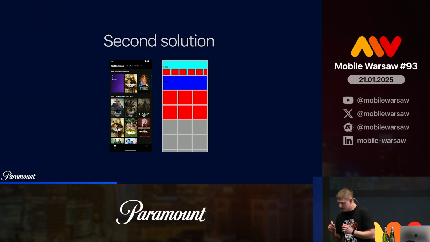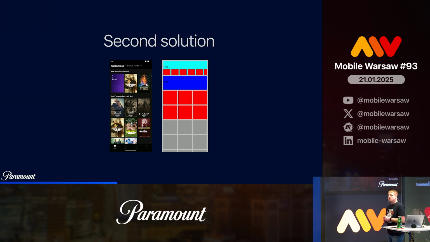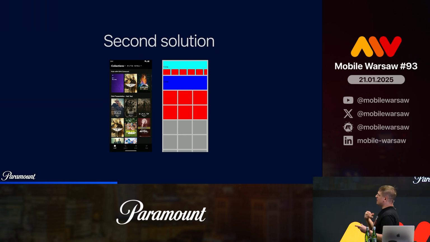Here, a small asterisk. It wouldn't work exactly as we design, as we think, because we have an API that allows us to scroll to a concrete element of the lazy vertical grid. So, for example, we have an API, scroll to item index 7.